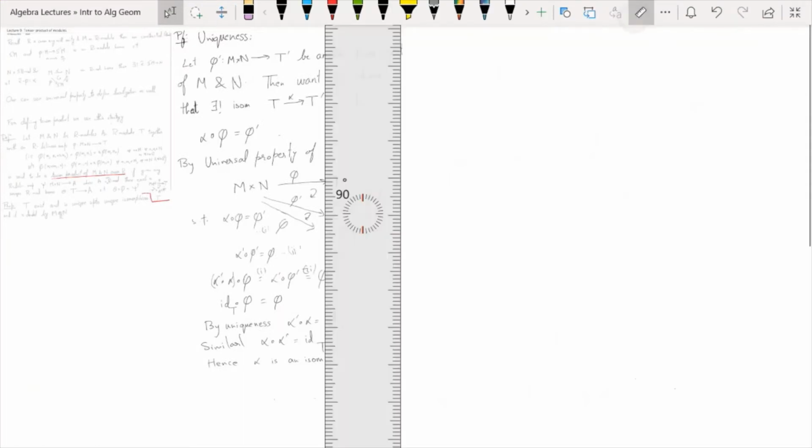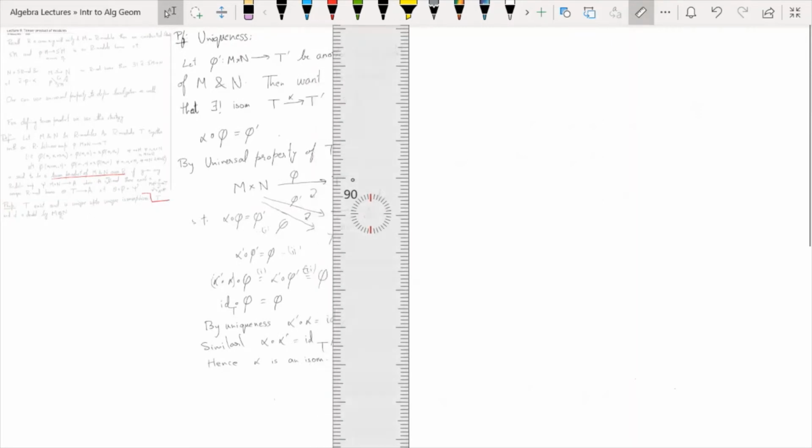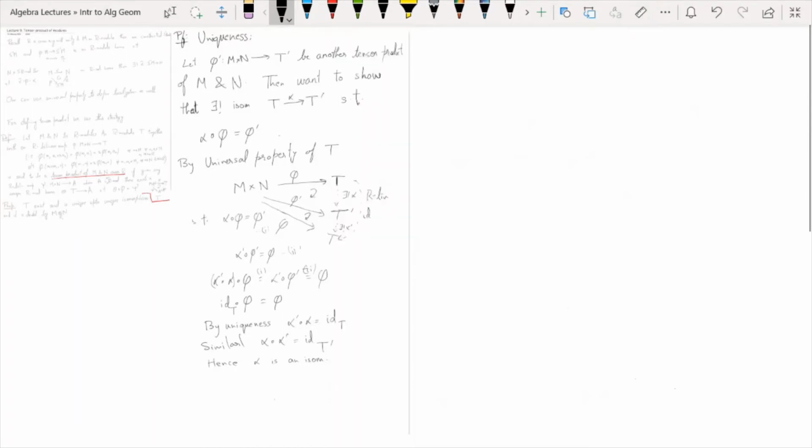So for existence, we will construct it. As I said, the construction is a bit, let's say, unusable. It's not unreasonable, but when you want to compute a tensor product, you won't use this method to compute.